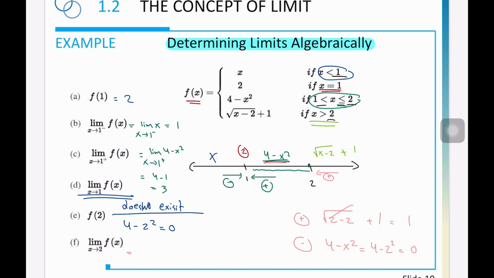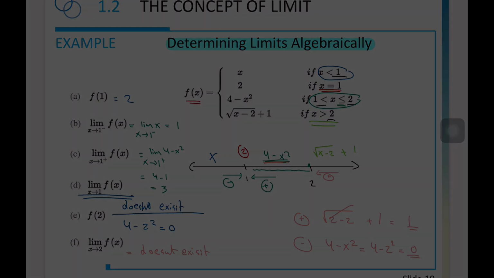So this also doesn't exist, because approaching 2 from the positive side gives us 1, and approaching 2 from the negative side gives us 0. They are not equal to each other, so the limit does not exist.